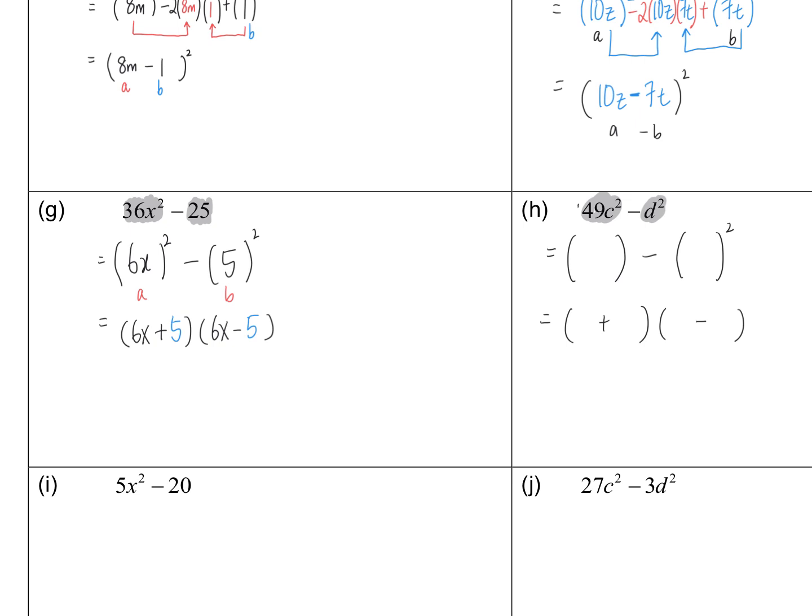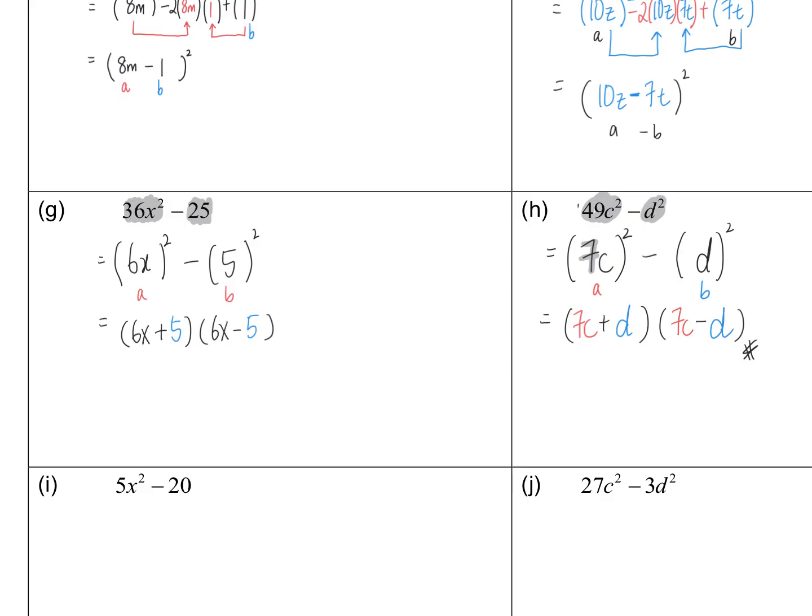So what should it be? 7c square. Then this one is just d square. So my a here is 7c, so I put here 7c. My b here is d, so d, d. Then I'm done. So I put it back into its brackets.